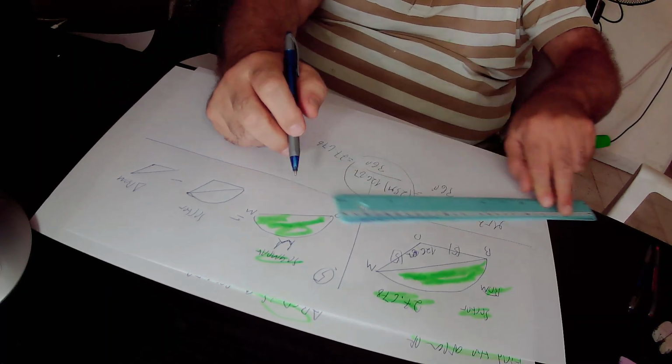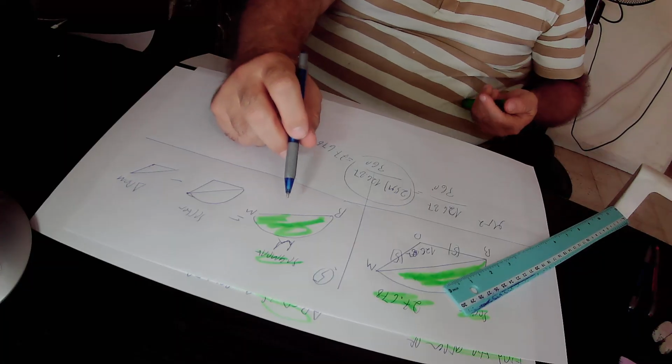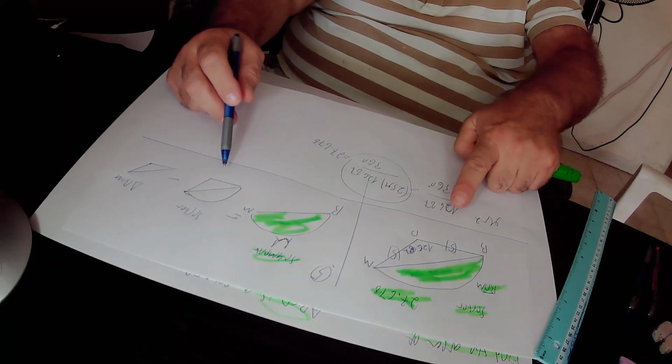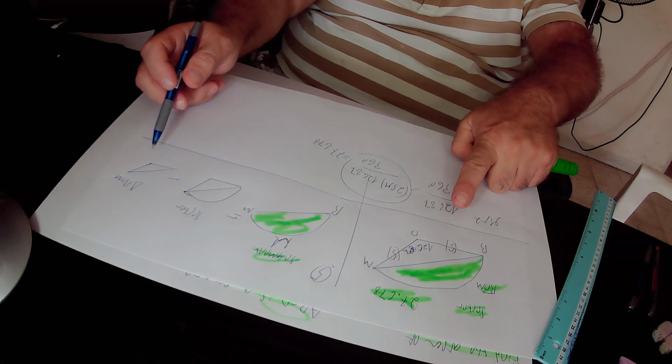And again, the area of this upper segment BOM equals the area of sector BOM minus the area of triangle BOM.